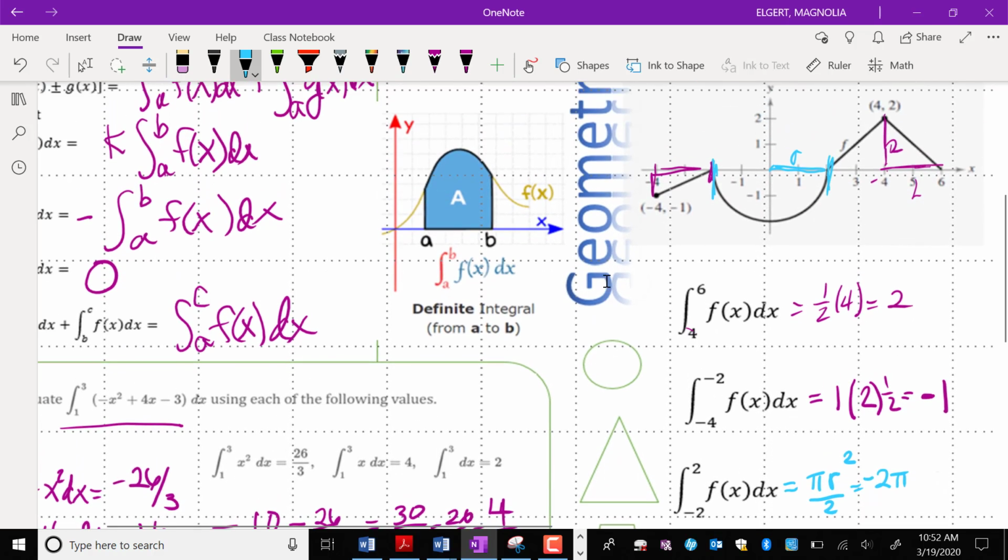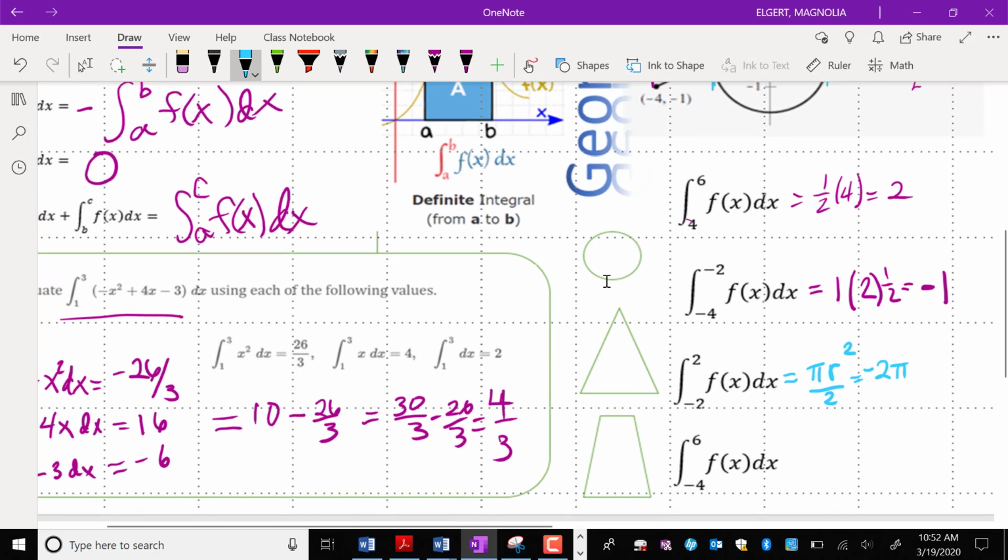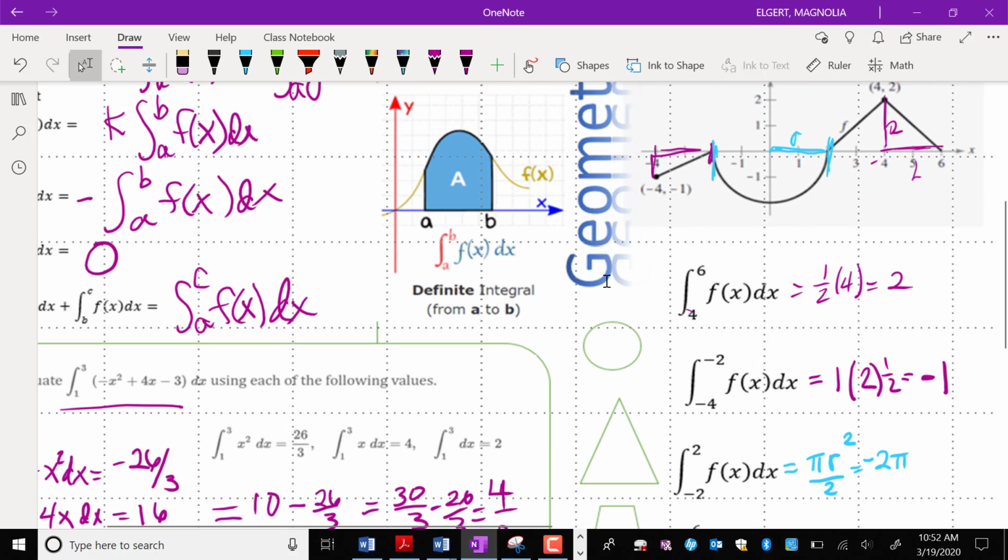Okay, then the last one says from negative 4 all the way to 6. So you're going to go from negative 4 all the way to 6. Well, we know that this one was negative 2 pi, and we found out this one was negative 1, so we already have that. We know that this piece is 2. What would this piece equal? Well, that piece would still be a 2 by 2 triangle, so 4 divided by 2 is 2.